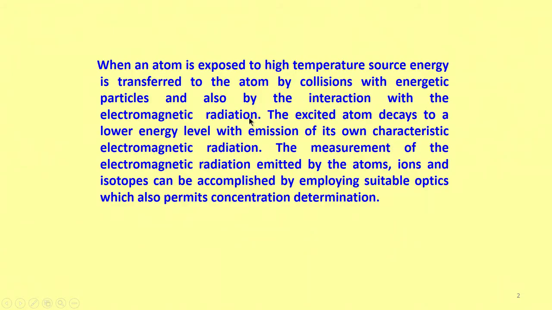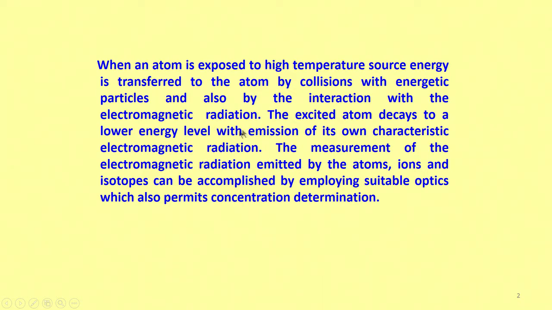The basic slide is very important, very simple. We have discussed it again and again. When an atom is exposed to high temperature, the energy is transferred to the atom by collisions with energetic particles and also by interaction with the electromagnetic radiation.